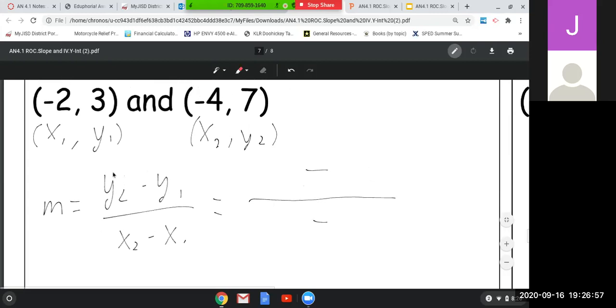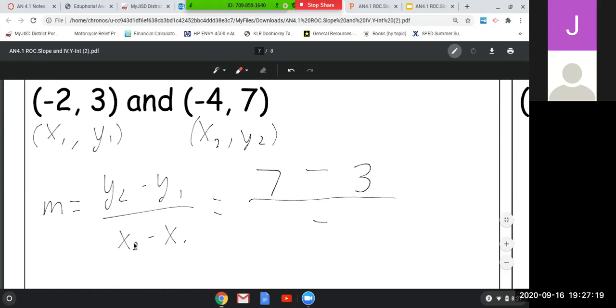Okay? Now, what goes right here is the y2. The y2 is right here. It's the number 7. So I'm going to put a 7 right here. 7 minus y1. y1 is a 3. So 7 minus 3.